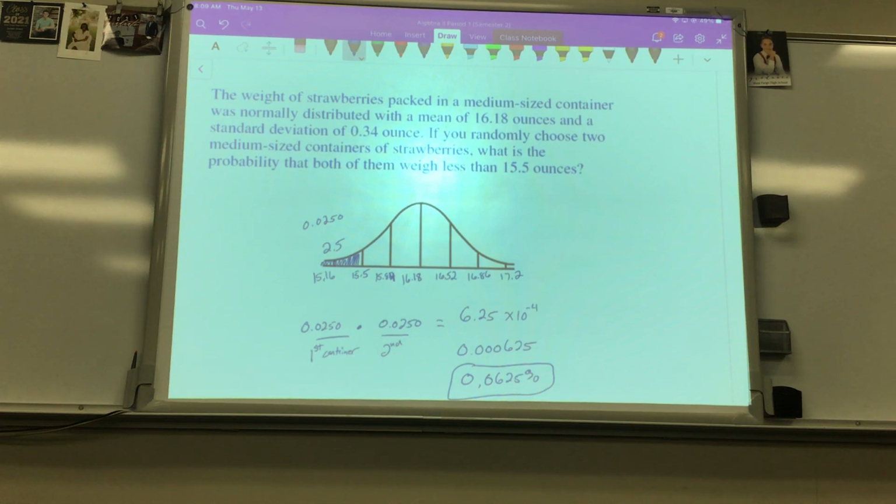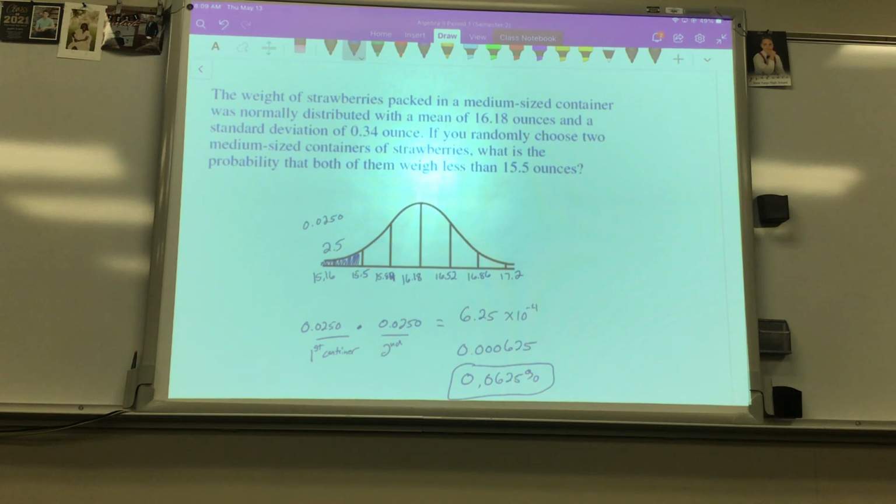Another way I could go about this is, first container is going to be 15.5 or less, that's probably a 0.025, and the second container could be greater than 16.18. So there you'd have to find 2 separate probabilities, then multiply, correct? On this one, I was looking for that same size container, so the probabilities were the same. But I could change it up a little bit and do it that way also.